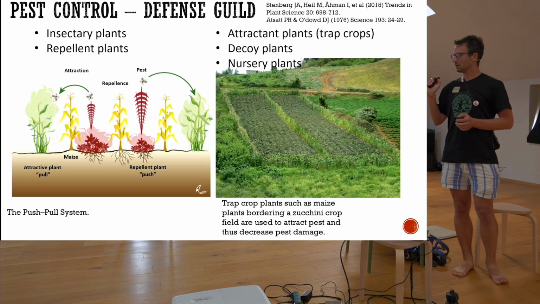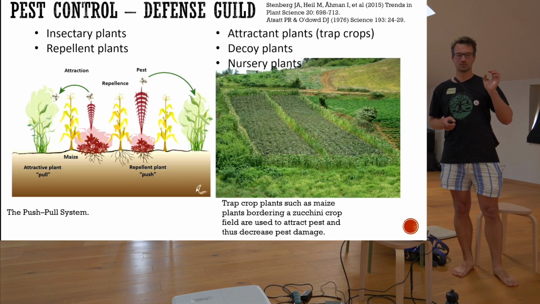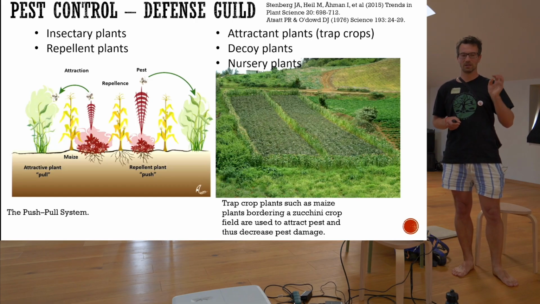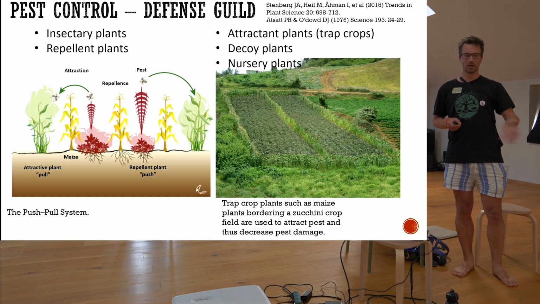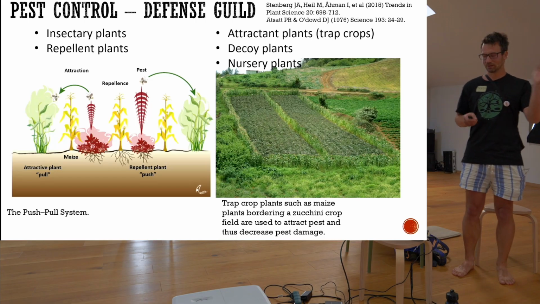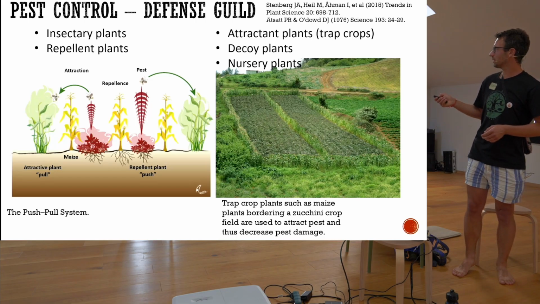When you design your polyculture with nursery plants, it's a good strategy to select nursery plants which build up the pest population before pests occur on your main crop. This way the population of biocontrol organisms can increase to a sufficient level before the pests start to affect your main crop.